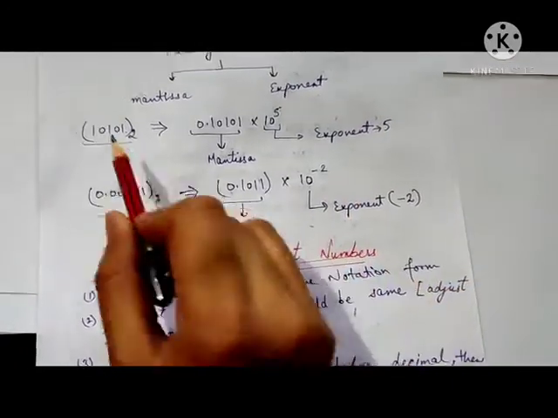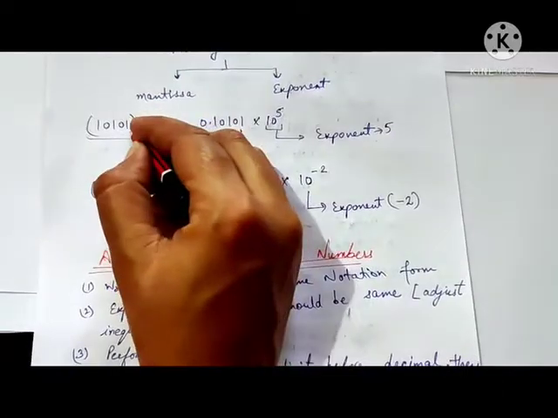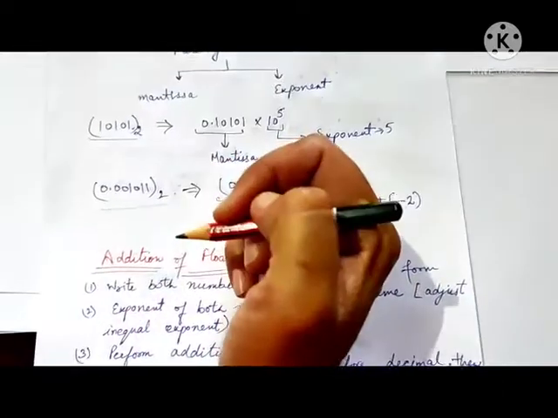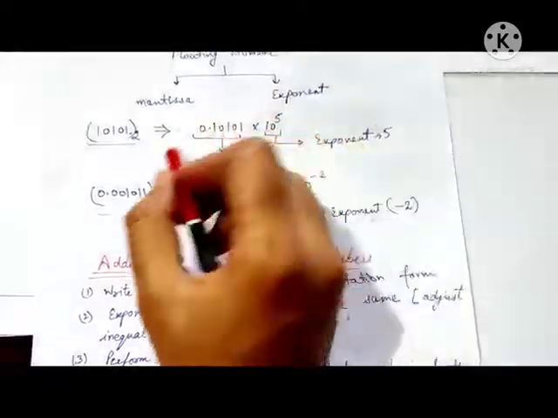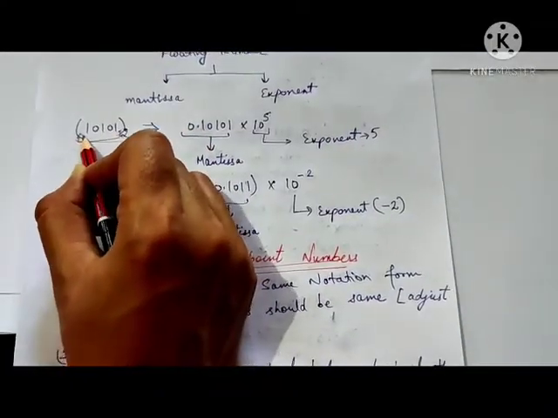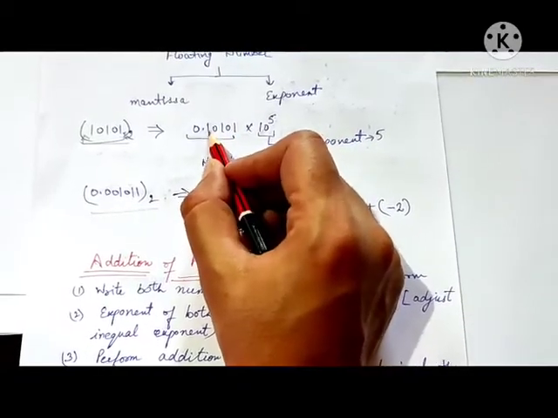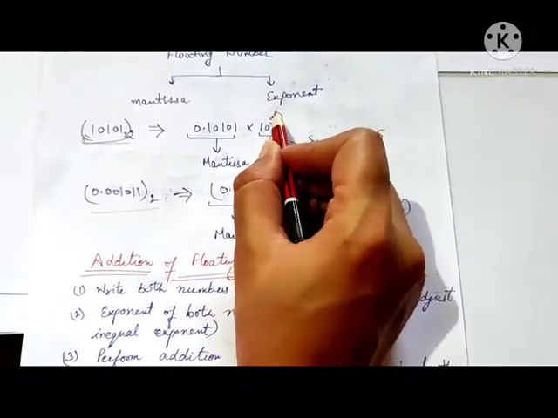How do we obtain it? See here. There is no decimal point, so it means the decimal point is at the end by default. When we move this decimal point to the left, the number of digits that it moves becomes the exponent.